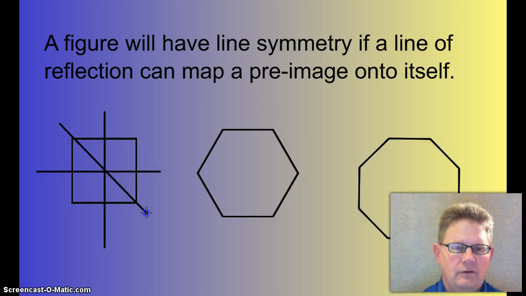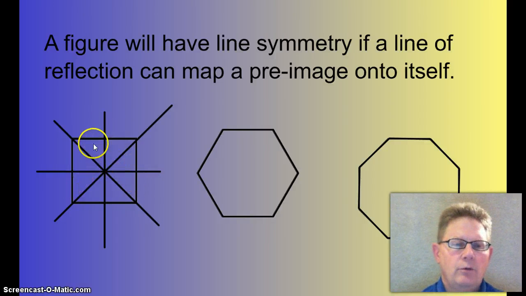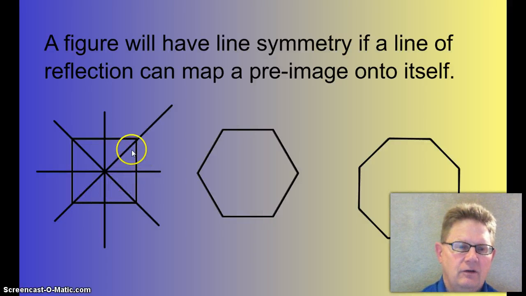There will also be a line of symmetry right there, and a line of symmetry right there, such that we could fold that image upon itself. So we could fold this half over to there, we could fold this half over to there, and then on the diagonals we could fold this half over to there.